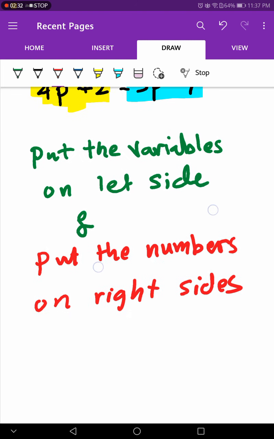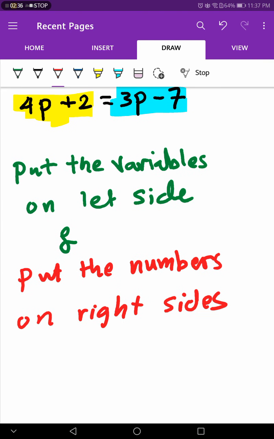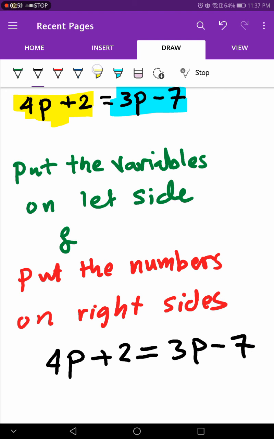I will rewrite the question again here down and keep the rule here, and start over. Determine the left and determine the right.